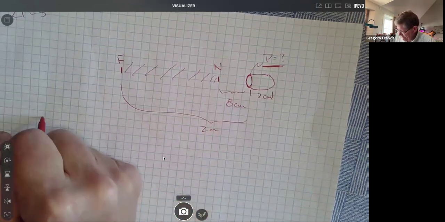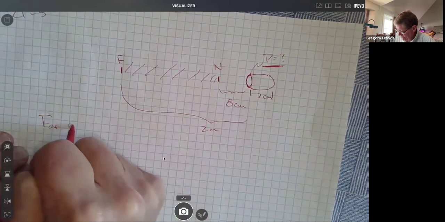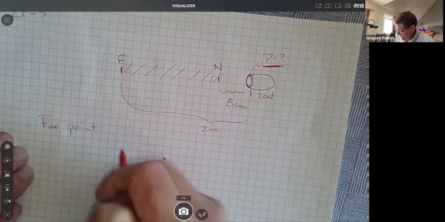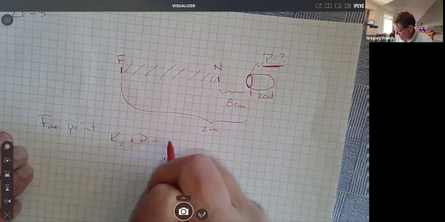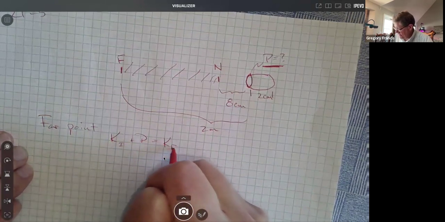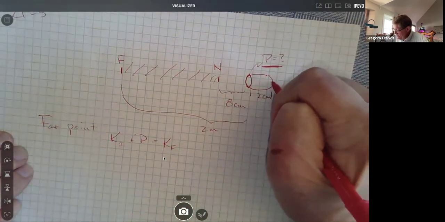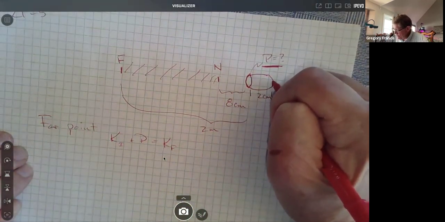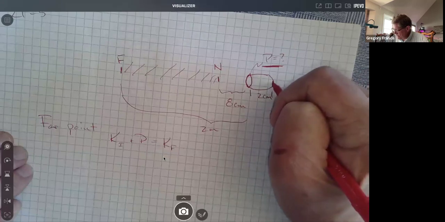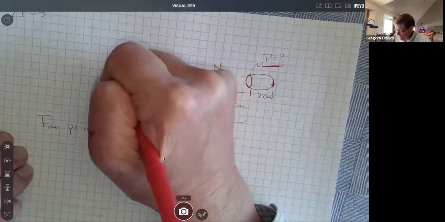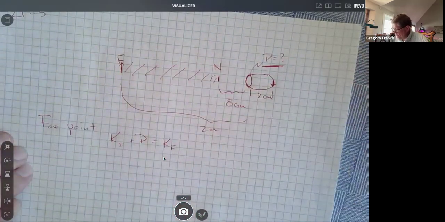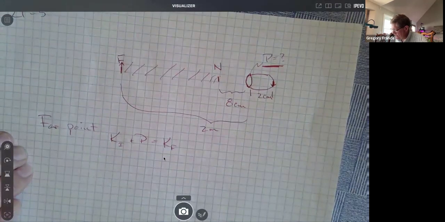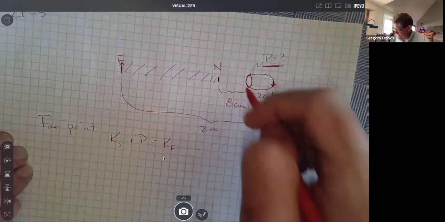If I do K initial plus power is equal to K final. Well, the K final, you want to put an image right here. You want it to be a real image. If I put something here, I want the real image to form on her retina, which is 2 centimeters behind the lens.